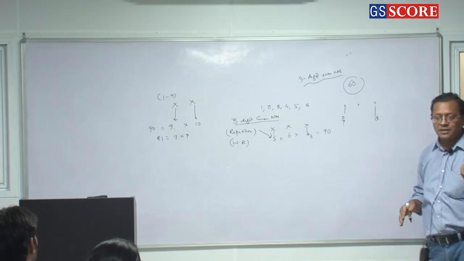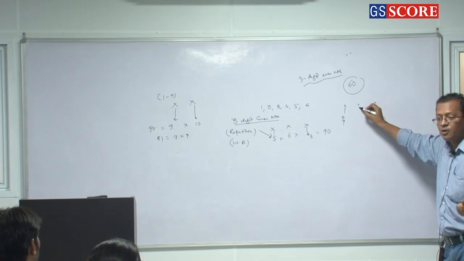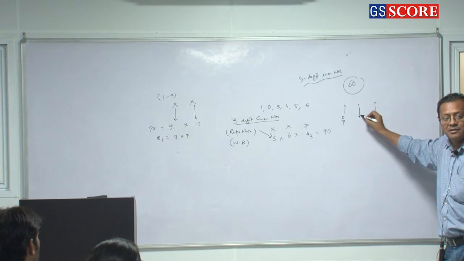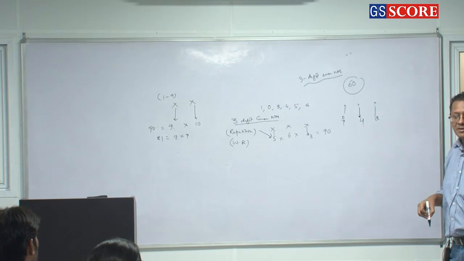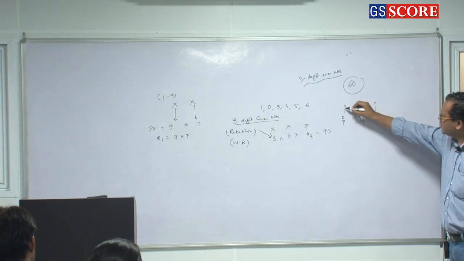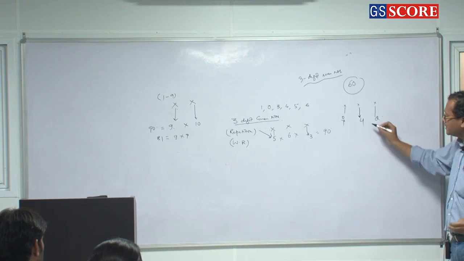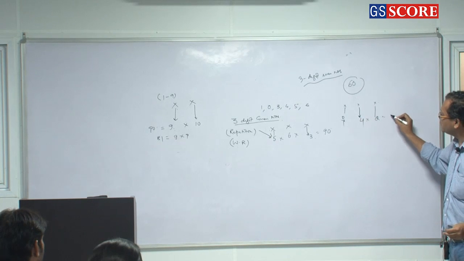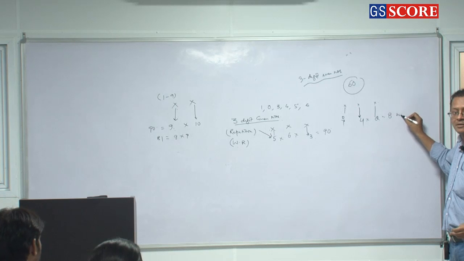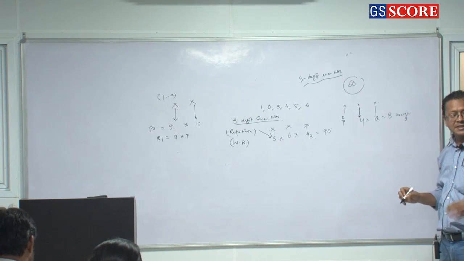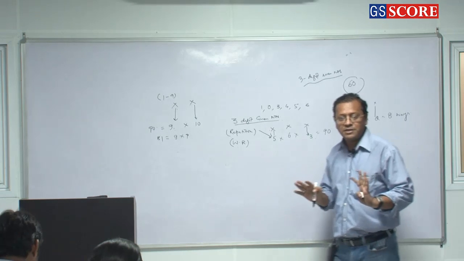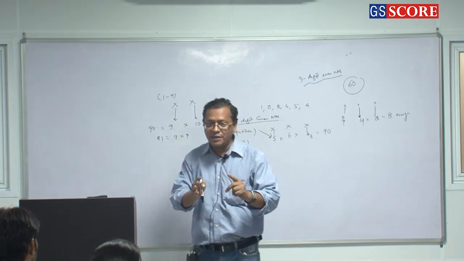So it can be filled in how many ways? 4 ways. So how many numbers have 0 as the first place? 4 into 2 is how much? 8 ways. Which means there are 8 even numbers which have got 0 at the first place.